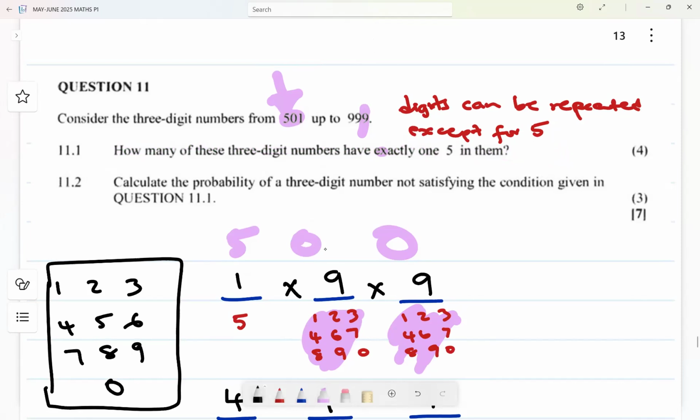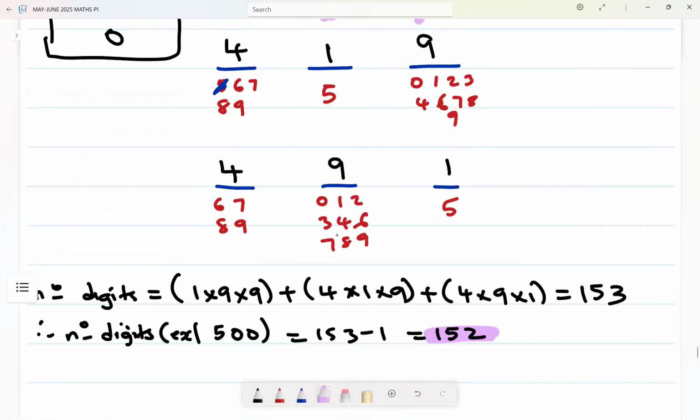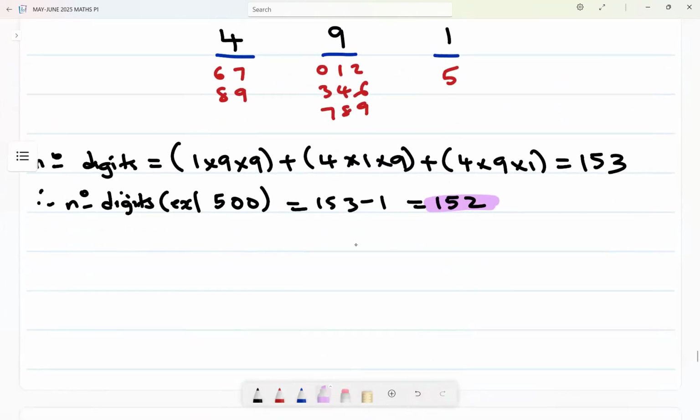And then it says 1.1.2. Remember, this was 1.1.1, 11.1 rather. 11.2 says calculate the probability of a three-digit number not satisfying the condition given below. So the probability that it does not satisfy the condition, okay, this satisfies the condition.